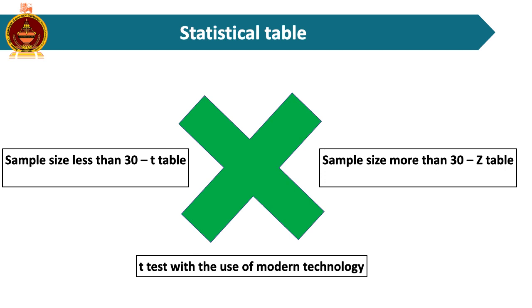In the era when computer software was not available, people used the Z distribution, but now we don't have to, because we can get the probability values of the T distribution despite the sample size.